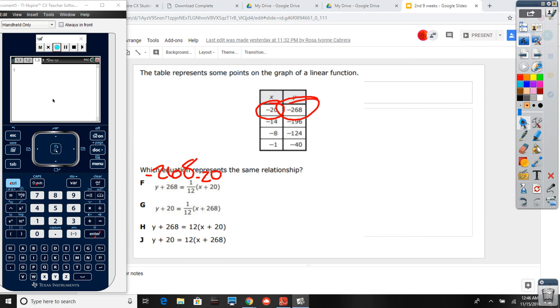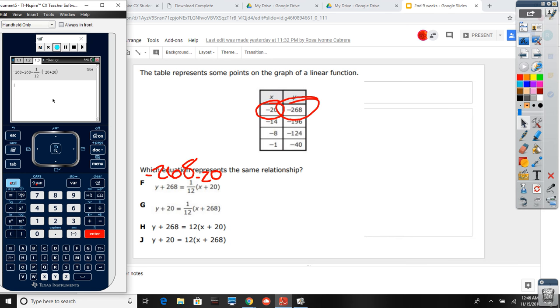So negative 268 plus 268, and I'm going to put equal, and then I'm going to do my control divide 1 over 12, and then arrow to the right so you can get out of that fraction, and then parentheses the negative 20 that I'm replacing for the x, and then plus 20. Okay, close the parentheses, and look at how nice this works.